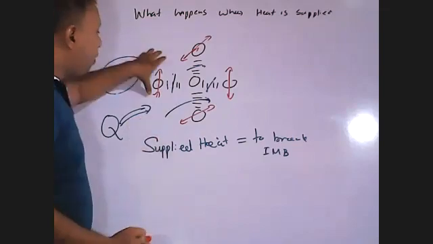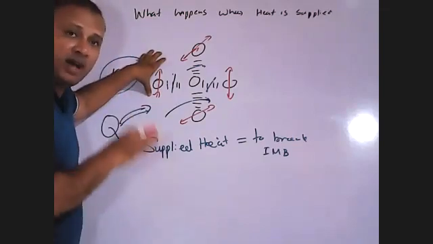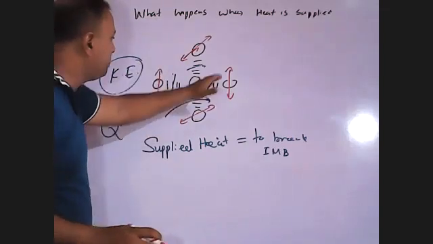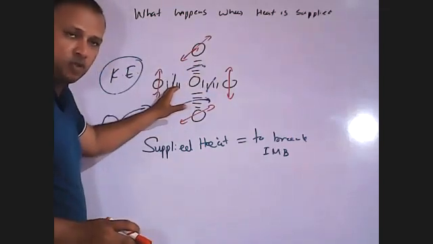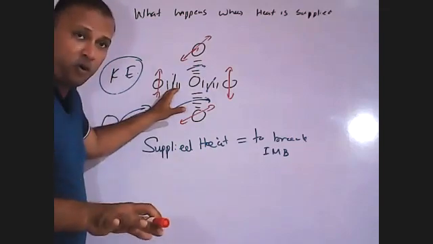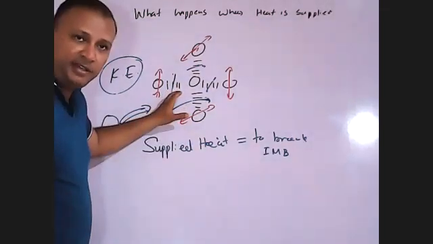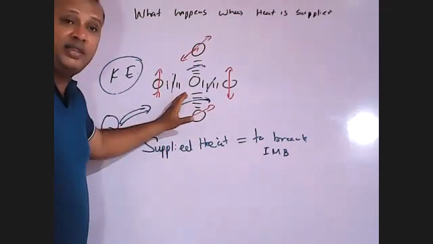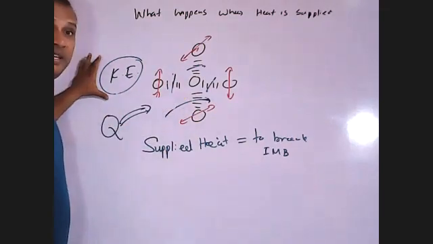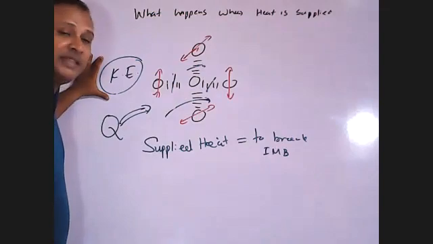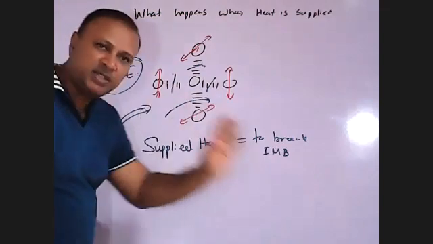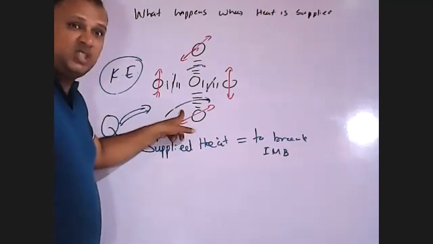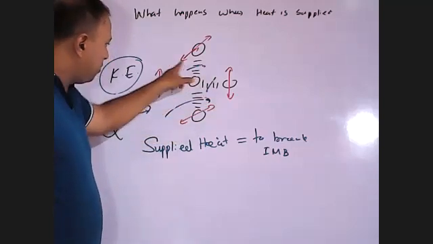But once this point is reached, the supplied heat is used to break these bonds. Therefore, after this point, the supplied heat is not utilized to increase kinetic energy. Therefore, kinetic energy remains constant, but supplied heat is used to break those bonds.